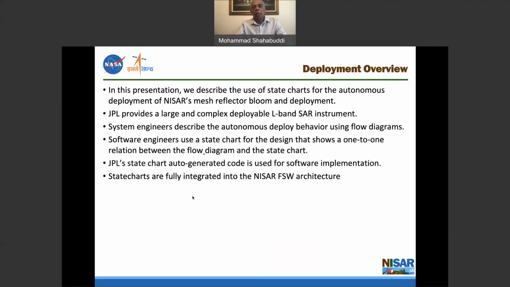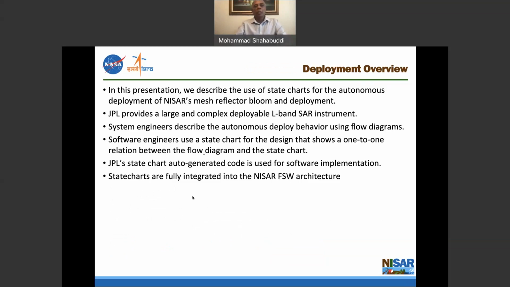Now, the antenna deployment overview. In this presentation, we describe the use of state charts for the autonomous deployment of NISAR's mesh reflector and boom deployment. JPL provides a large, complex, deployable L-band SAR instrument.